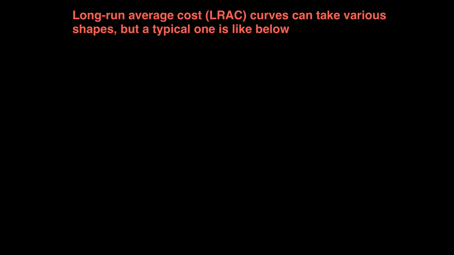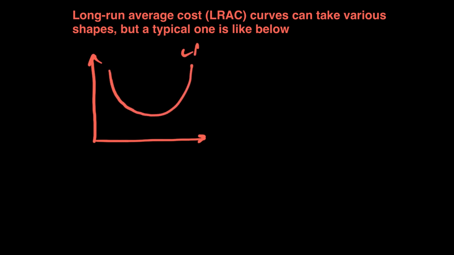The one is a U-shaped LRAC. When LRAC is falling, you have economies of scale. Then when LRAC is rising, it is called diseconomies of scale.